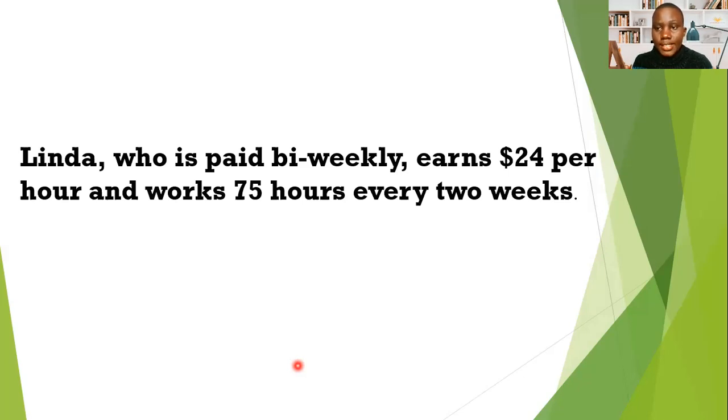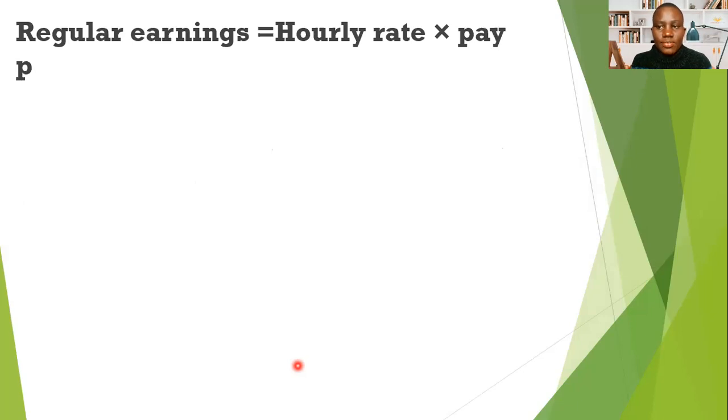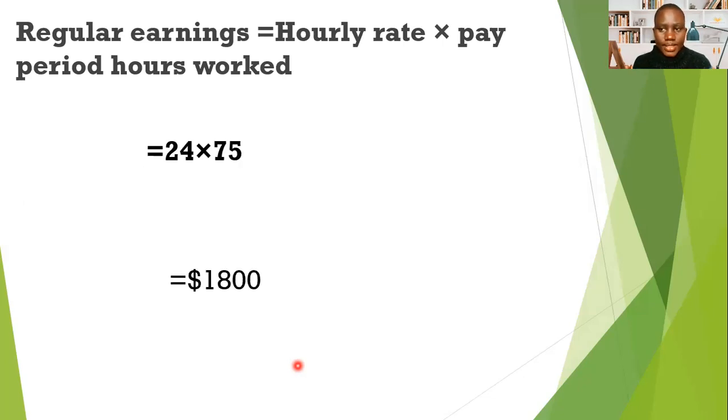It's the same thing: regular earnings equal the hourly rate times the number of hours per pay period. So you take the 75 hours. The one before was weekly, now it's bi-weekly, and that's the difference. Here you take $24 times 75 hours, and you get $1,800 bi-weekly. So you see the difference.